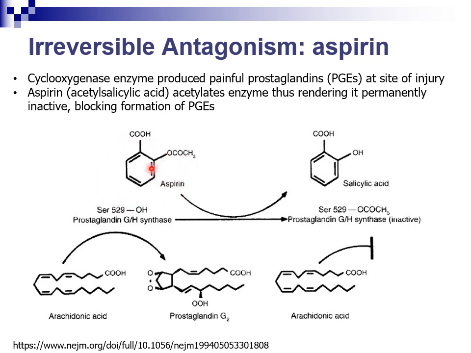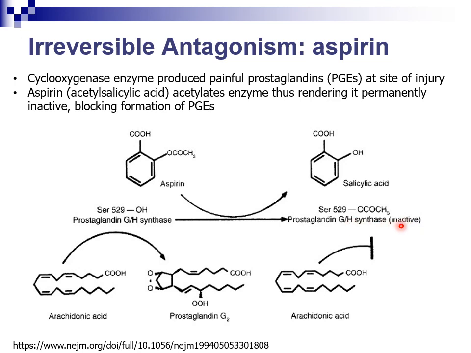And what happens is the aspirin actually loses its acetyl group. It transacetylates with a serine hydroxyl of the cyclooxygenase. So the enzyme itself becomes acetylated. Okay, that is, for all practical purposes, an irreversible covalent binding type of interaction.